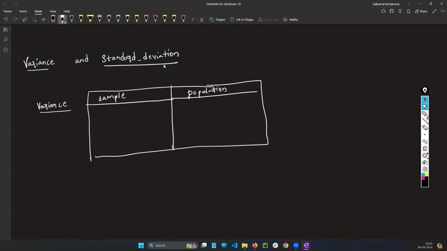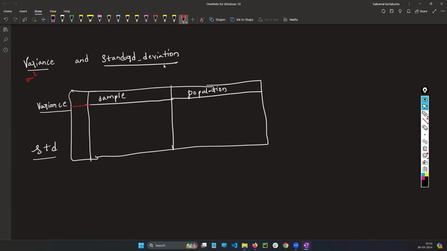And for the standard deviation, what is the sample formula and what is the population formula. Variance will be represented with the help of sigma square. Variance generally is represented with sigma square.